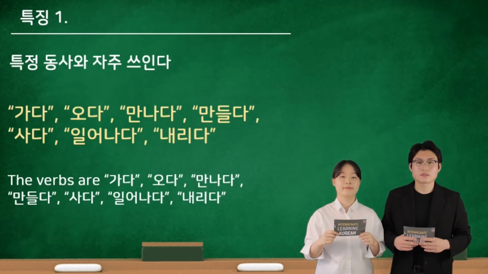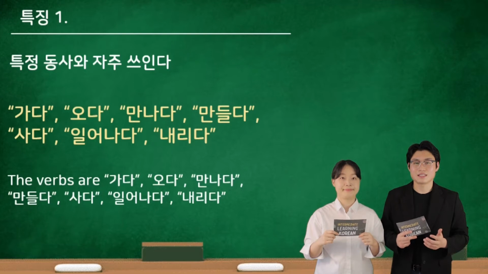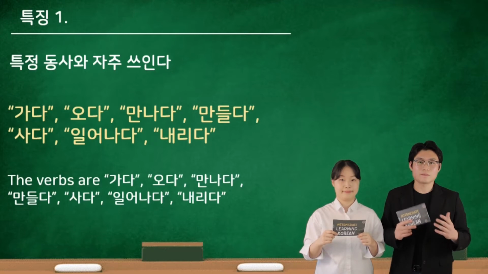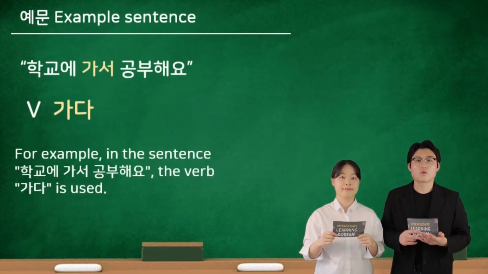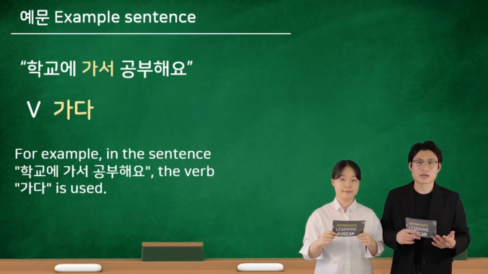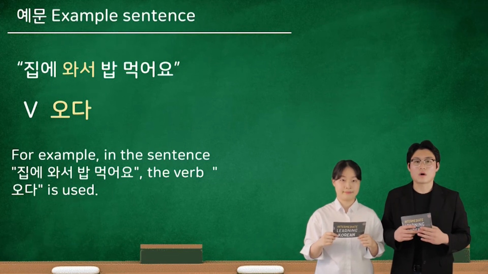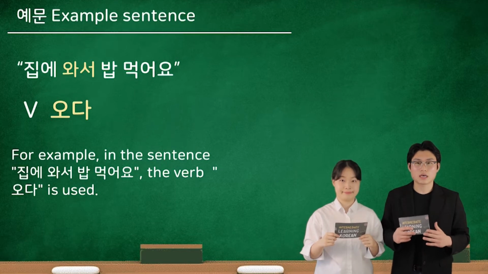Okay, the third feature is that 아서 and 어서 are not used with endings indicating tense. For example, if you combine the sentences 나는 학교에 갔어요 and 나는 공부했어요, you cannot use the past tense such as 나는 학교에 갔어서 공부했어요.